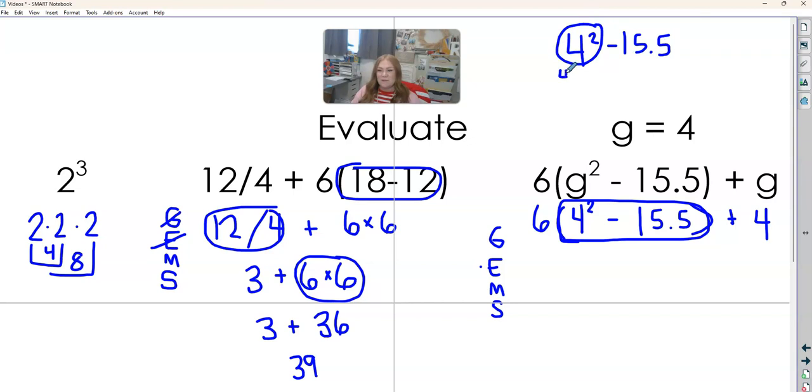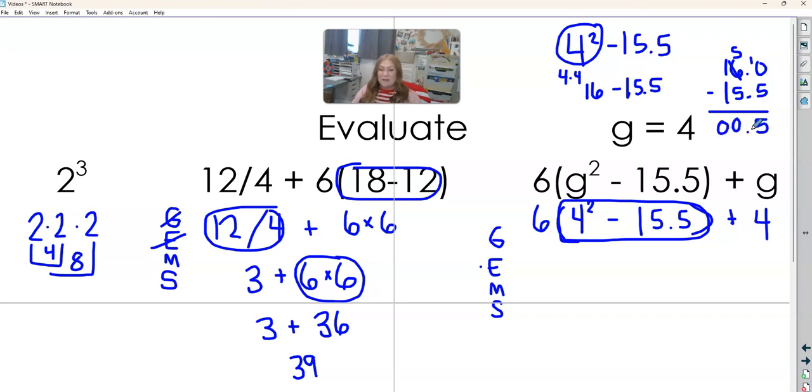So this means 4 times 4 is 16 minus 15.5. So we need to line those decimals up. We have 16.0, take away 15.5. So we're borrowing here, carrying, so there we have a half, right? Because it's going to be 0 and 0.